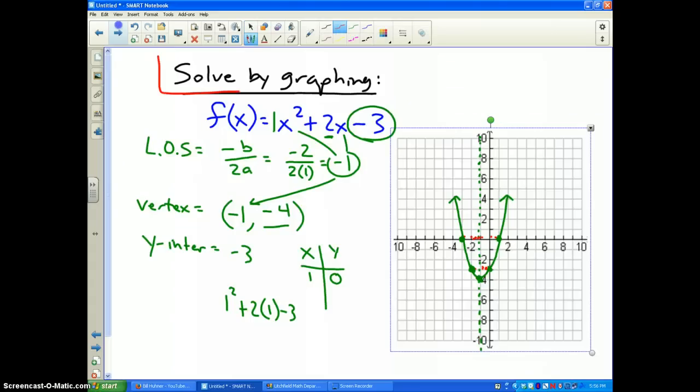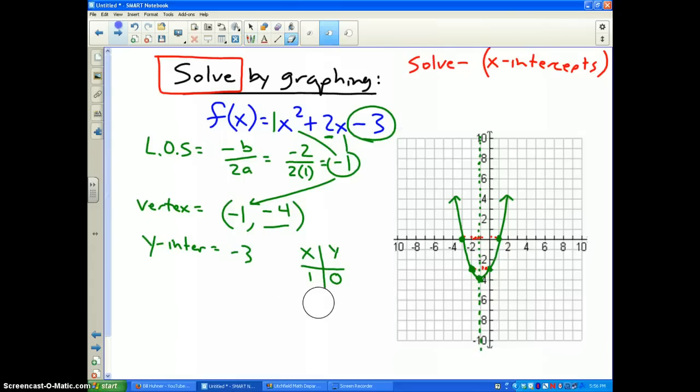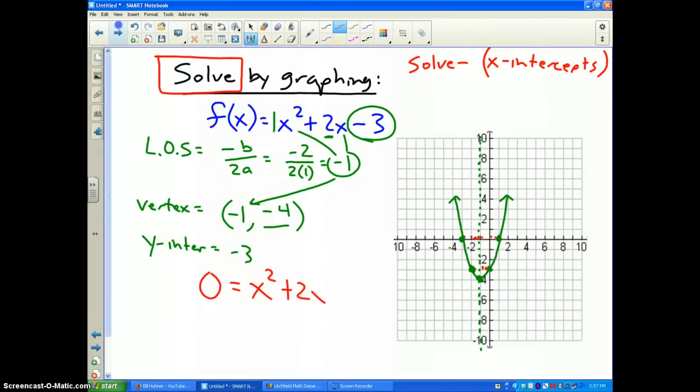But the directions said to solve. Solve means, what are the x-intercepts? Those are the solutions to the problem. If I'm going to solve x squared plus 2x minus 3, and in order to solve it, it's got to equal 0, what does x have to be? Well, the answers are the x-intercepts.